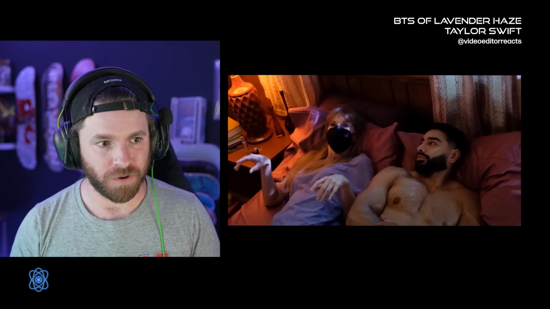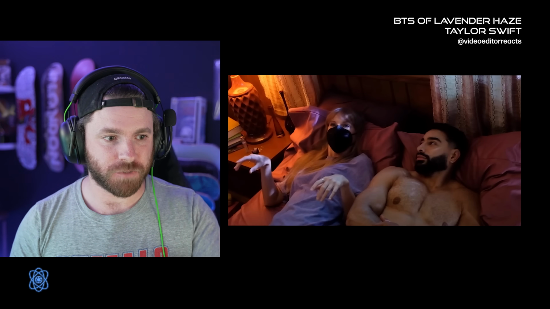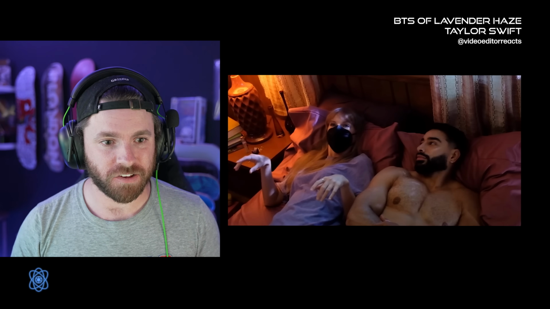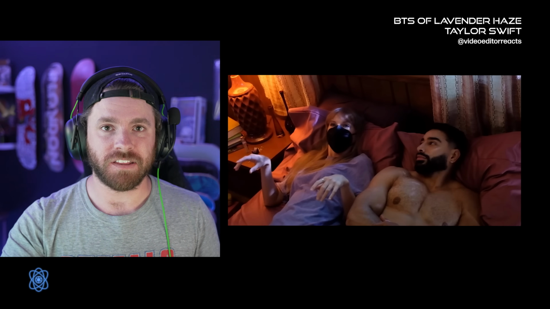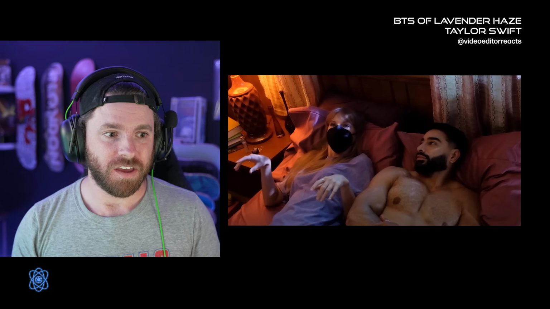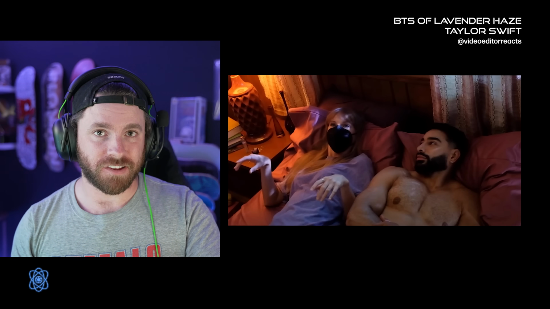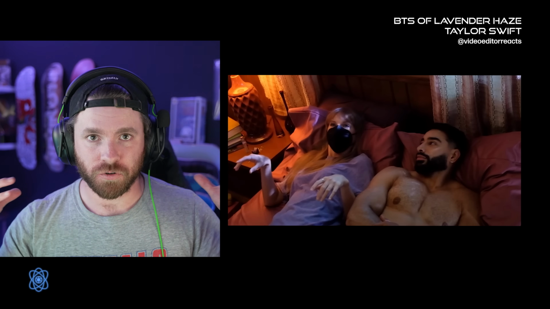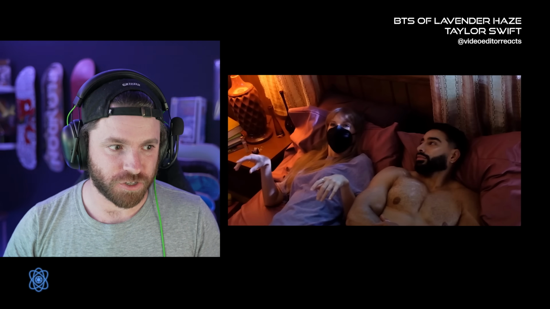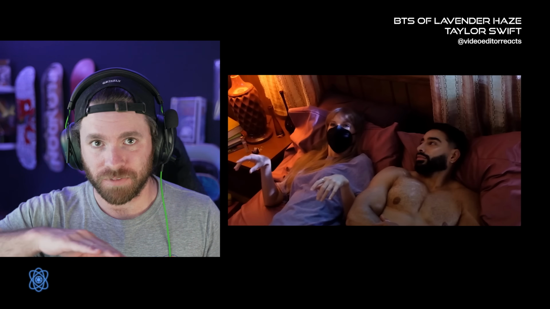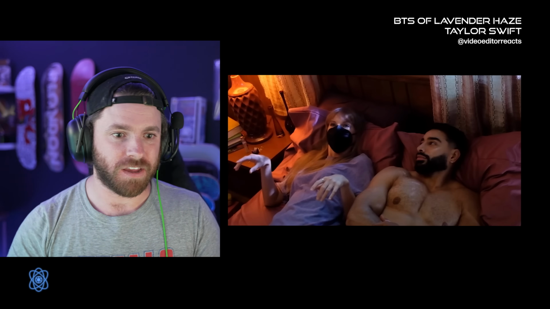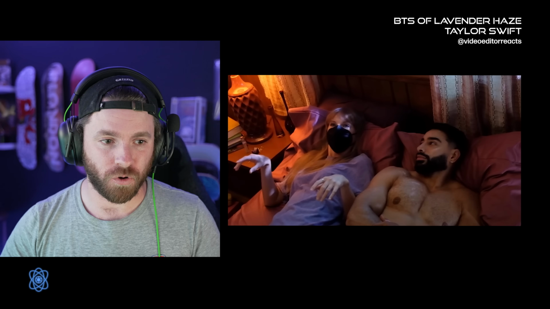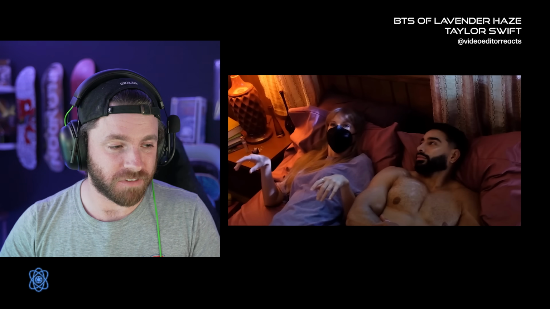So the fact that she's laying there explaining this to him is an awesome technique, because not only is he now knowing what the shot's going to look like, but she's also in that same shot, and so he can visualize it more. The fact that she's at the same level as him and just experiencing this with him is a whole different technique that I think is great. It's awesome.